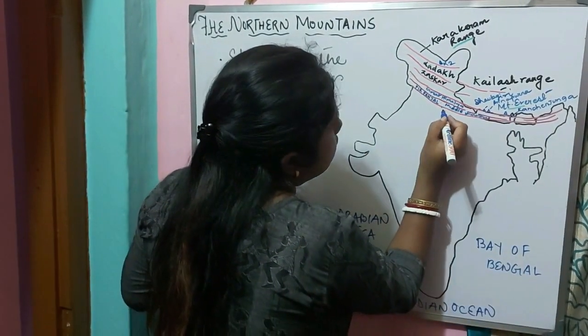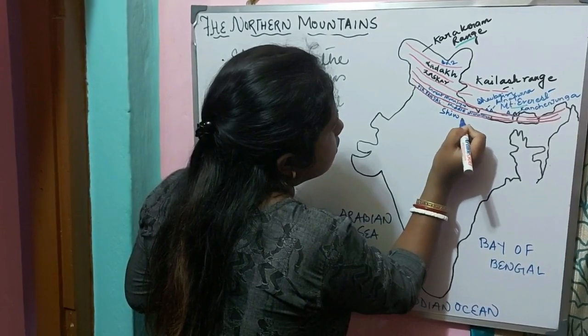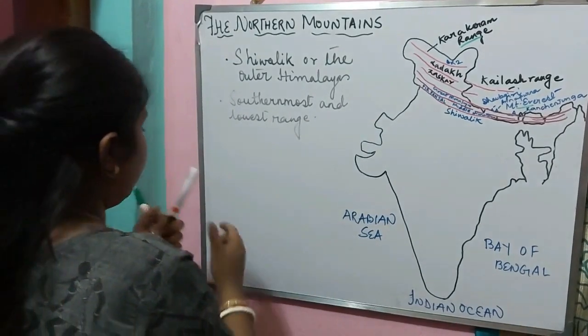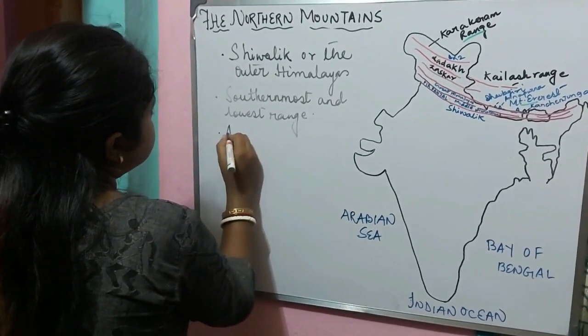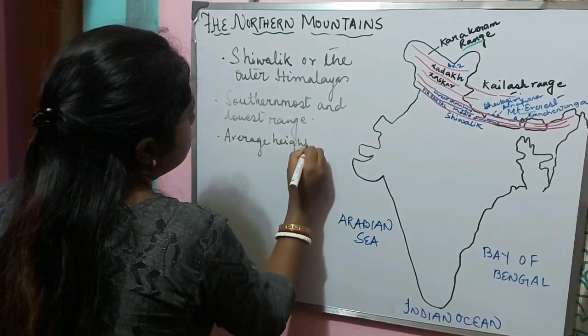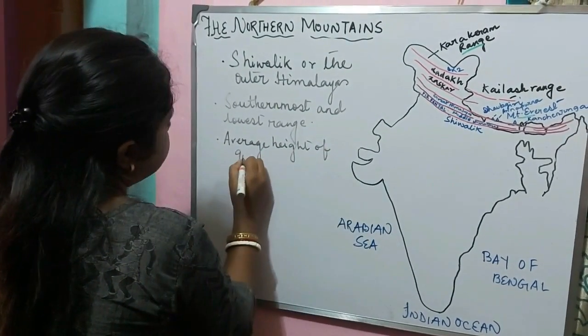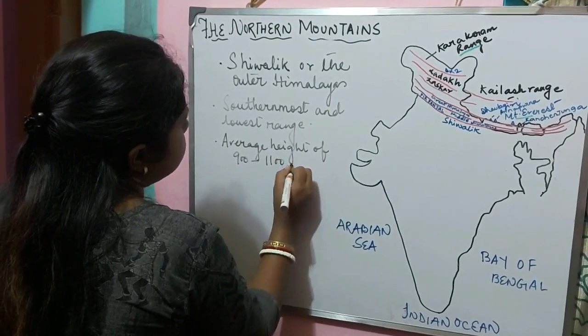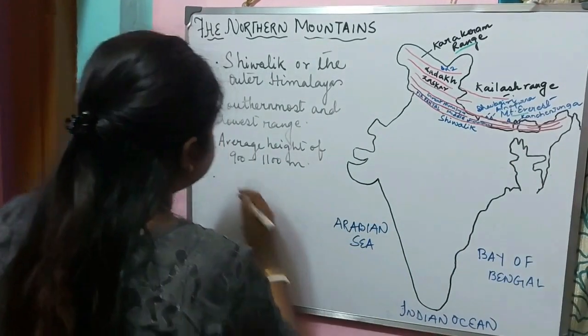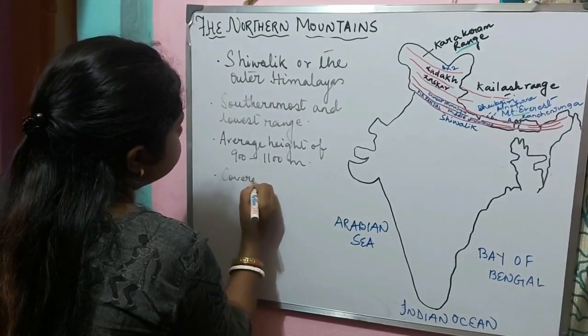This one is the Shiwaliks, which is the southernmost and the lowest range. It has an average height of 900 to 1,100 meters.